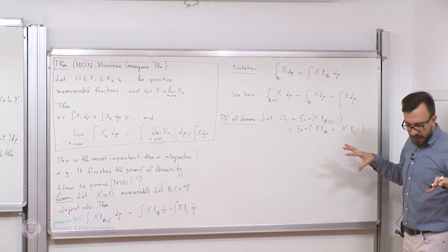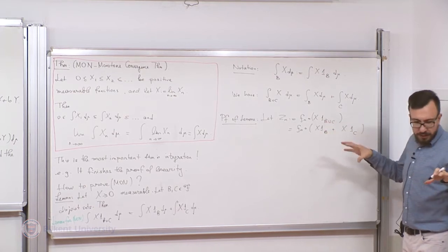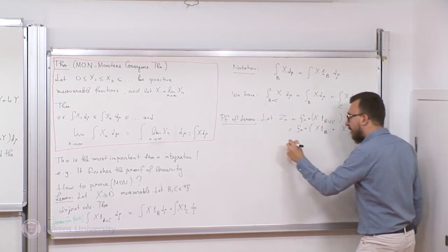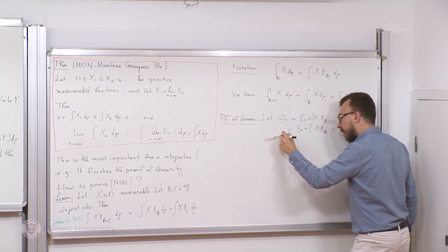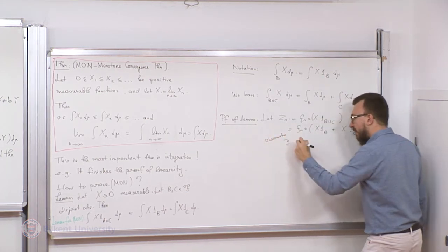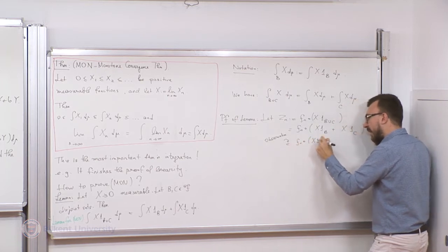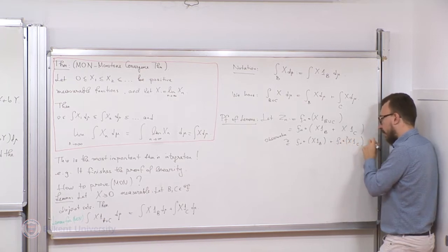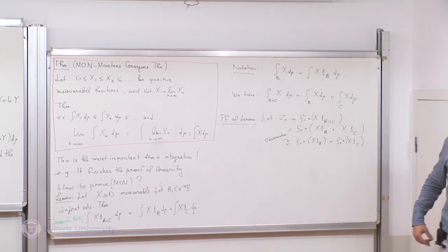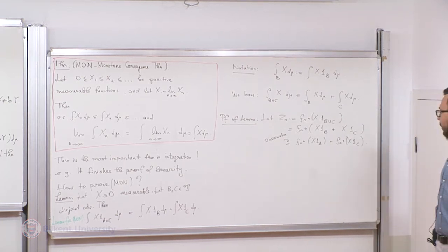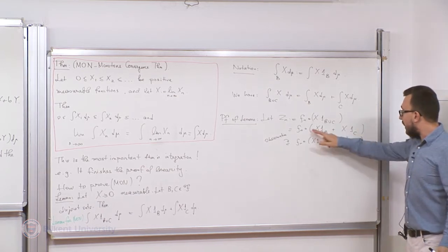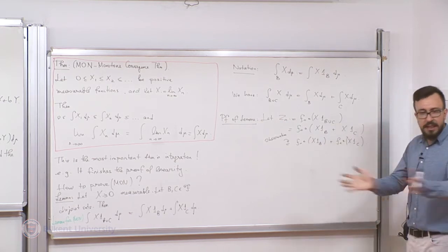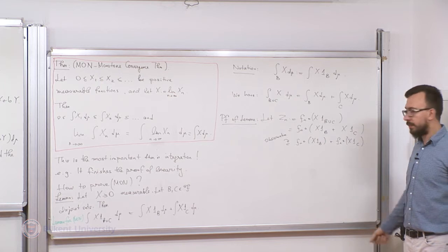Because B and C are disjoint sets, so the indicator of the union gives you 1 if you are either in B or in C. The observation is that you have this equal to Fn of x indicator B plus Fn of x indicator C, because they are on non-overlapping regions. That's the main observation. If you'd like to approximate the sum, it is enough if you approximate x over B and x over C and add them together, because they are on just different regions.